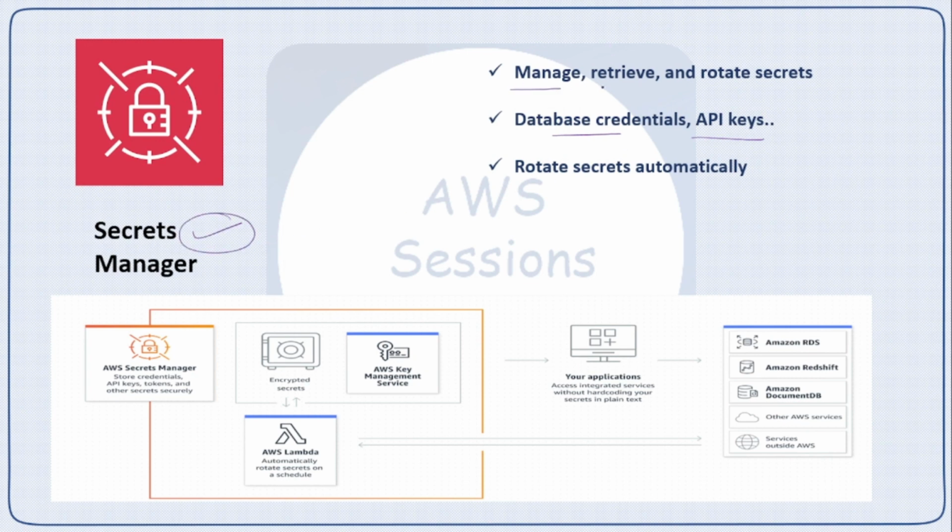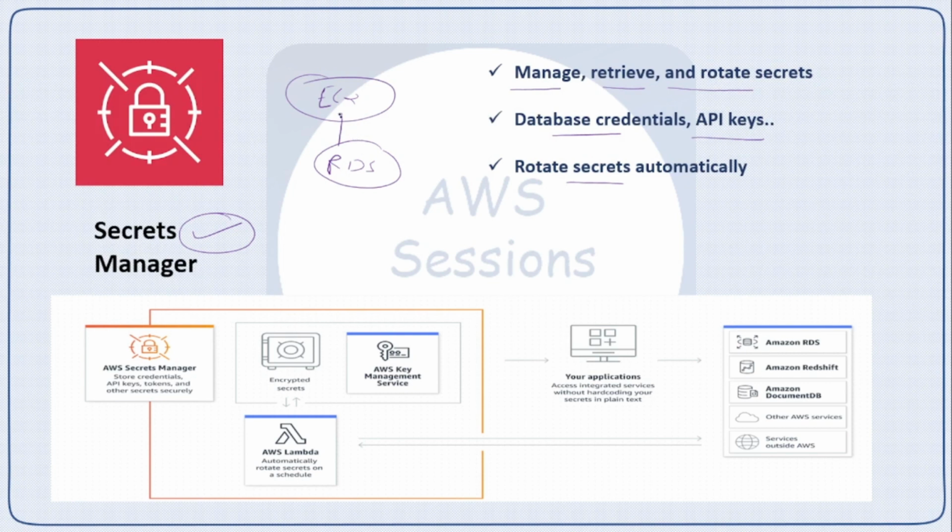It helps in managing, retrieving, and rotating the secrets. Secrets, as I said, can be anything like credentials and keys, and it is capable of automatically rotating them. In the previous example, we created an EC2 instance talking to RDS. To communicate with the database, let's say an Oracle database, we should authenticate.